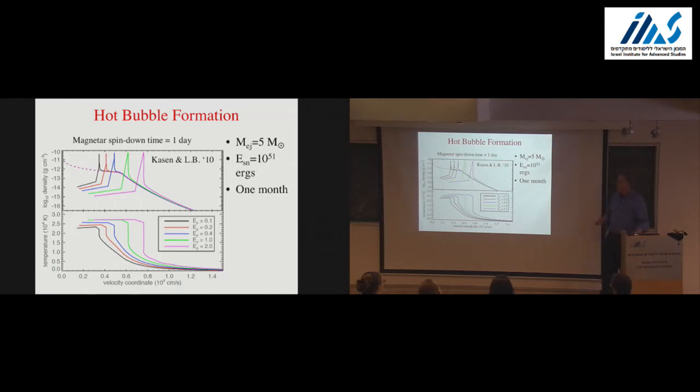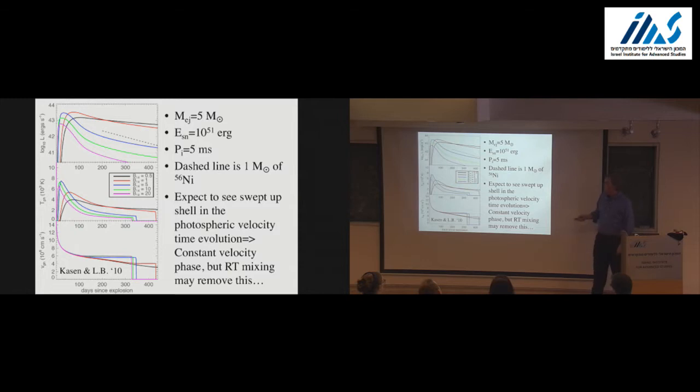So this is just the 1D version. Here's what light curves will look like as a function of days since explosion. Here are the luminosities. Here's the temperature at the photosphere, and people asked about velocities. Here are the velocities. In this case, in a 1D model, the velocity asymptotes to a fixed value because of that thin shell.